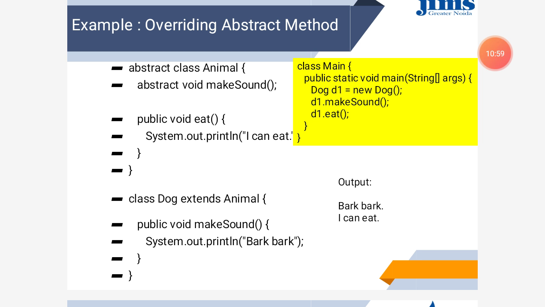Now the Animal class has been inherited in the Dog class. And in the Dog class there is a makeSound method, and now makeSound has a definition.